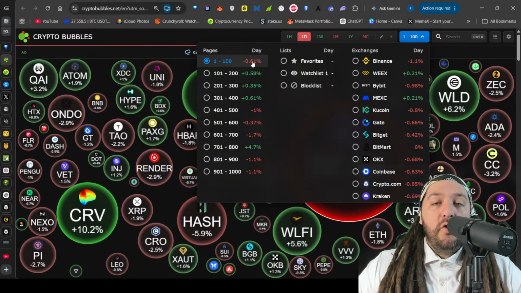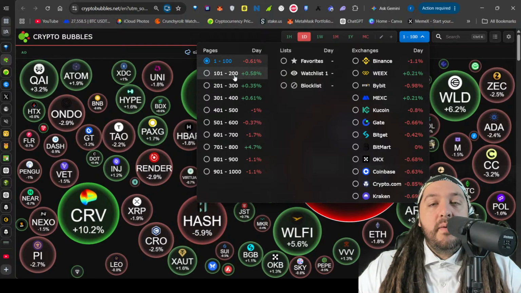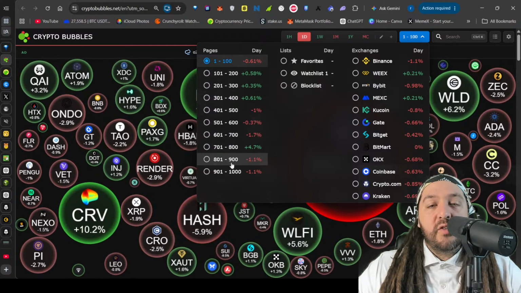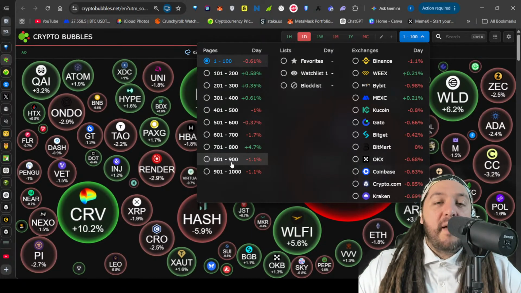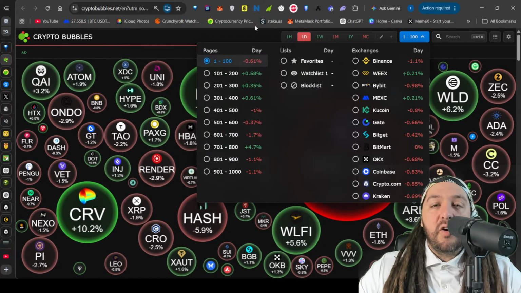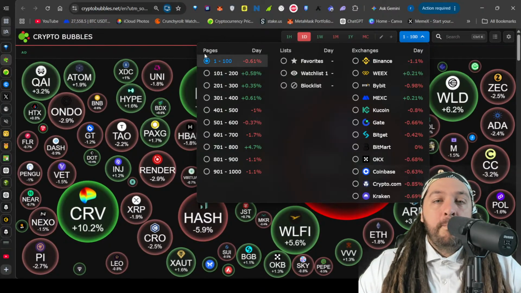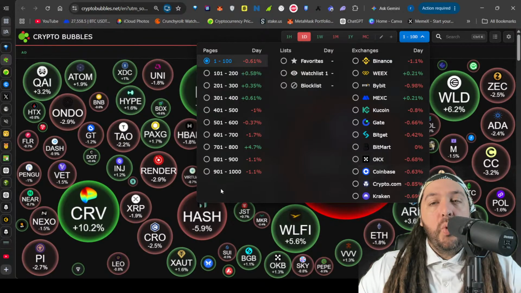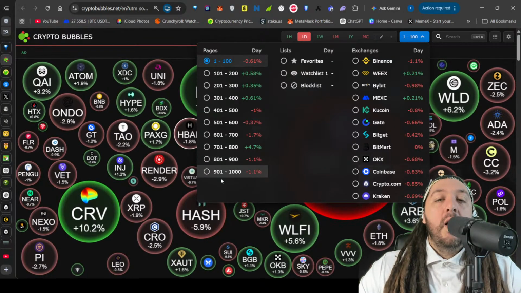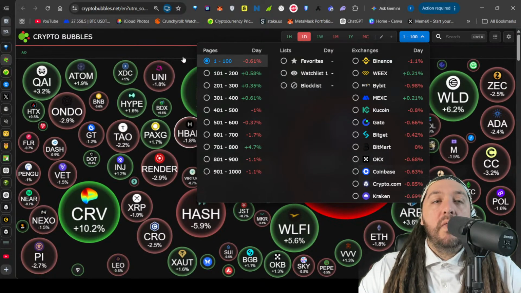So 1 through 100. Red, a little bit of green through the next ones. 1.7% negative, 600 to 700. To me, the value is here. You can quickly toggle in 100 categories, 1 through 1,000. These are the highest market cap coins in crypto.